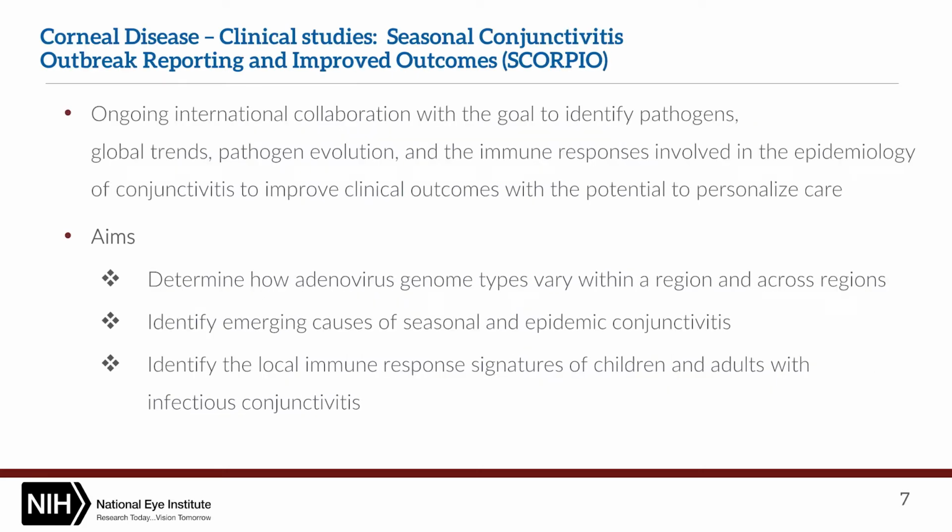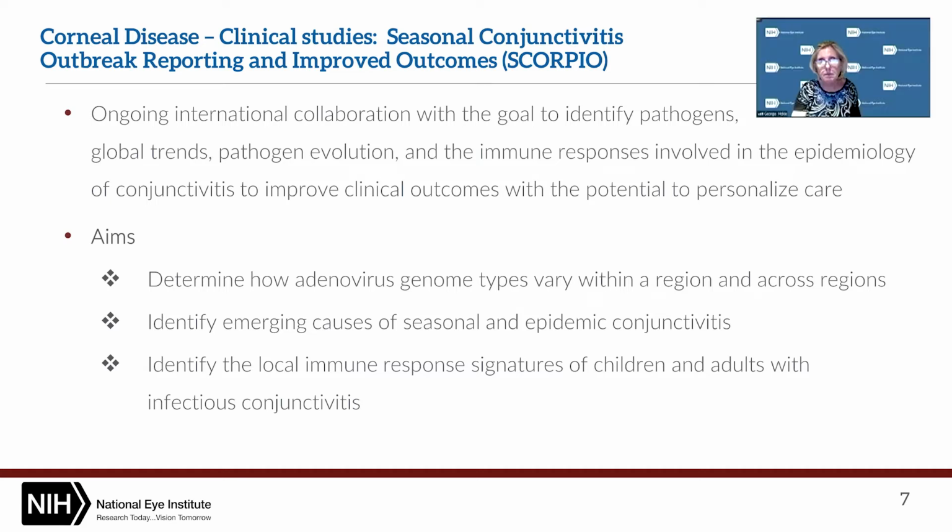Slide, Corneal Disease, Clinical Studies, Seasonal Conjunctivitis Outbreak Reporting and Improved Outcomes, or SCORPIO. I'm going to switch to clinical studies in corneal disease. One of the clinical studies I want to highlight is Seasonal Conjunctivitis Outbreak Reporting and Improved Outcomes.